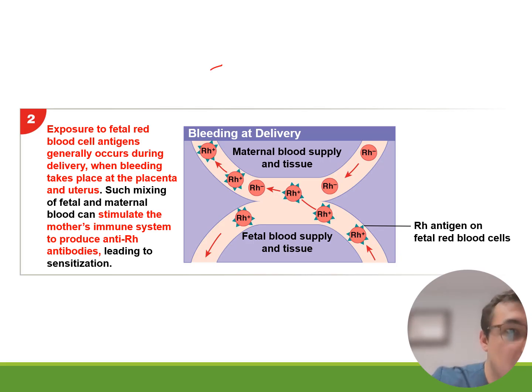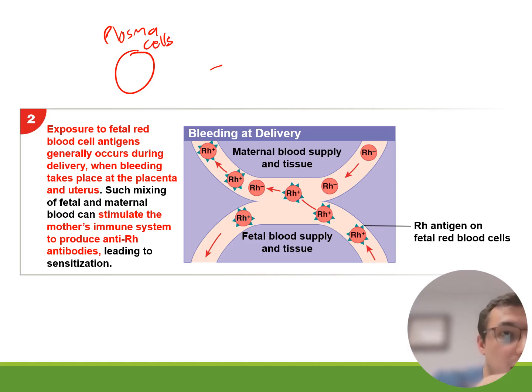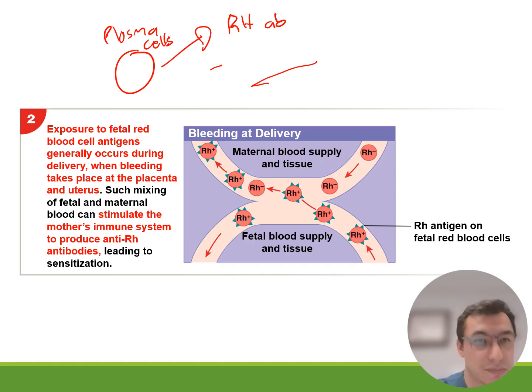Those plasma cells learned about it, and they don't make the antibody right away. It takes some time for it to start producing antibodies, and then after that it will start making antibodies against Rh.